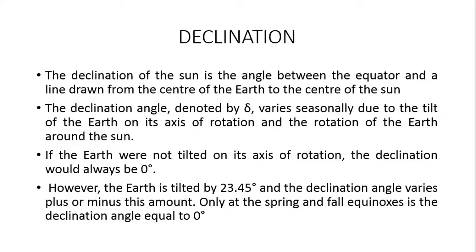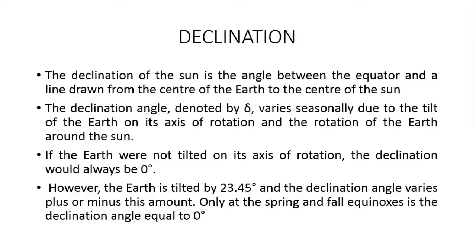Next term is the declination. Declination is the angle between the equator and a line drawn from the center of the earth to the center of the sun, and it is denoted by delta. It varies seasonally due to the tilt of the earth on its axis of rotation and the rotation of the earth around the sun.